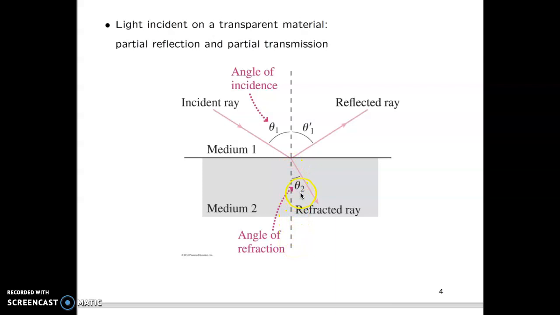Okay, so in other words, it will typically be the case that theta 2 is less than theta 1 if you go from a less dense to a more dense medium. More generally speaking, it's when you go from a medium with a lower index of refraction to a higher index of refraction that theta 2, the refracted angle, or the angle of refraction, will be less than the angle of incidence.